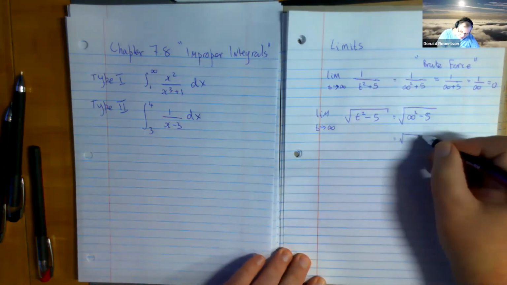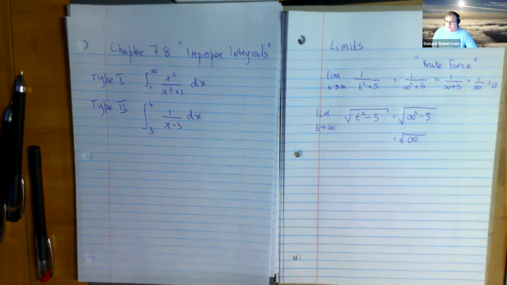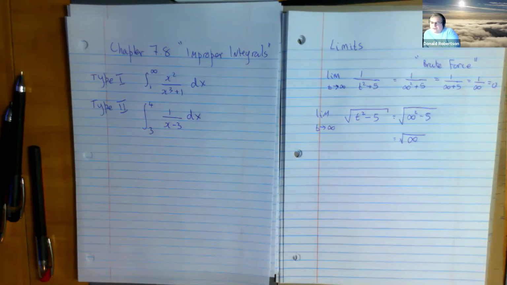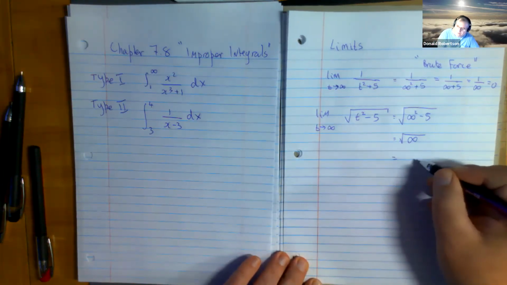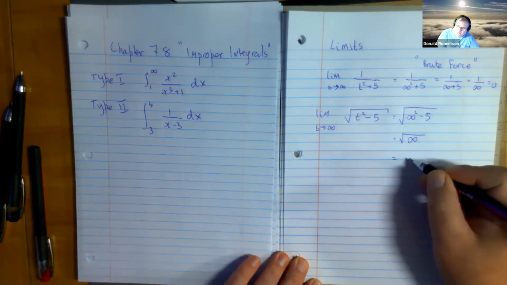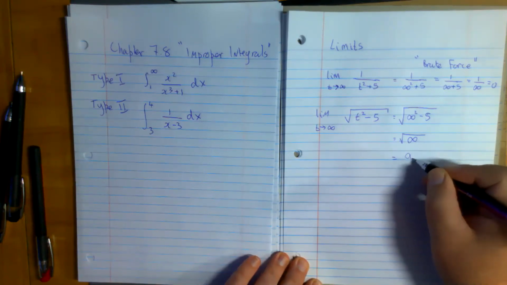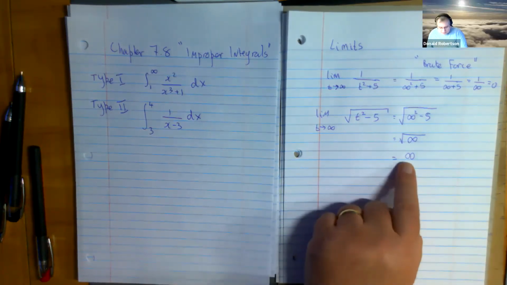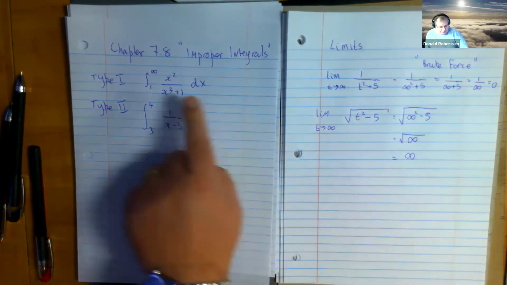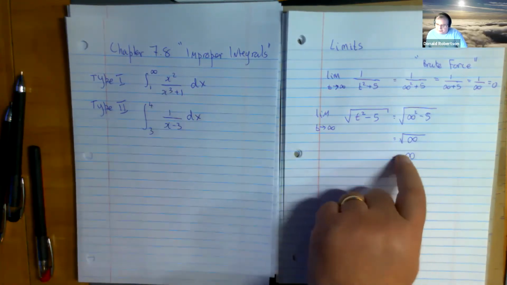So this is now the square root of infinity. What's the square root of an infinitely big number? Infinity.